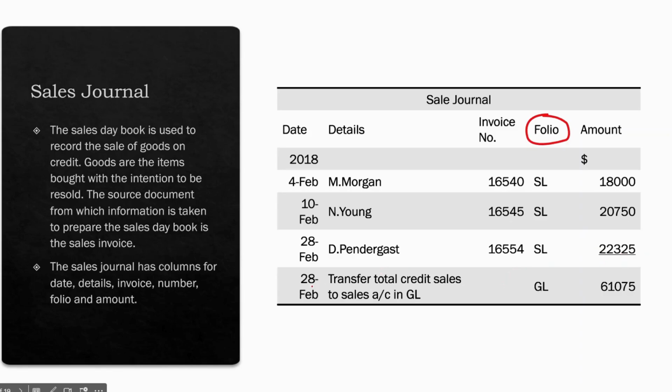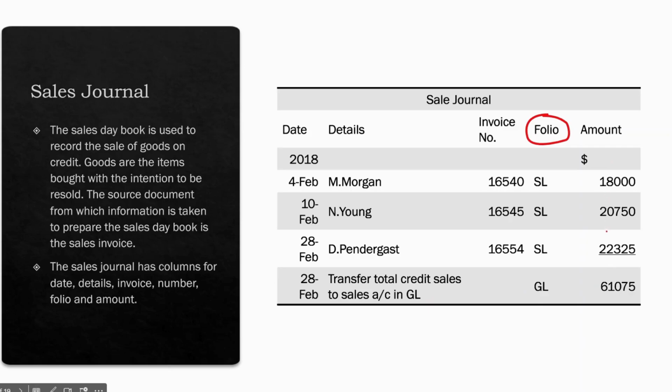$22,325. Now, at the end of the month, which is the 28th of February for that year, we would have transferred total credit sales to the sales account in the general ledger. So we're transferring all of the credit sales to the sales account in the general ledger. And the folio for that would be the general ledger, since it is there that we're transferring the data to.